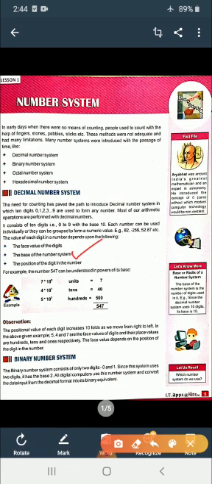As we are discussing the decimal number system, which has base 10, the positional value of each digit always increases by 10 folds as we move from right to left. That is, in 547 we multiply 7 with 10 power 0, 4 with 10 power 1, and 5 with 10 power 2.